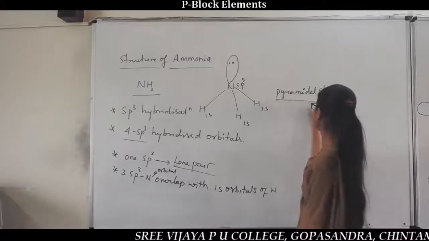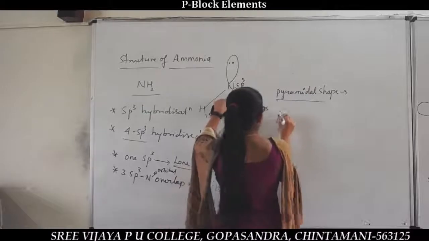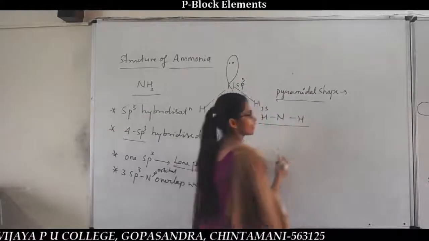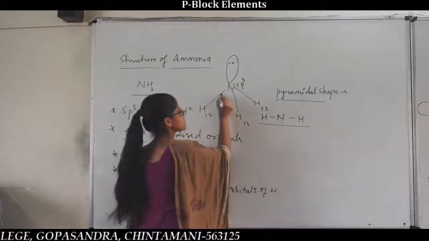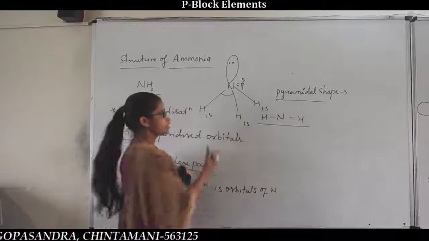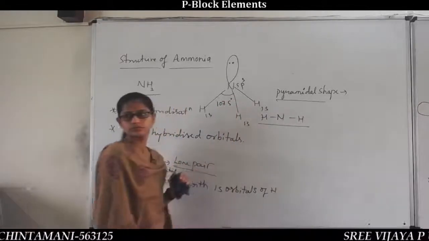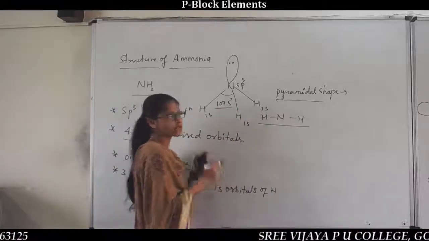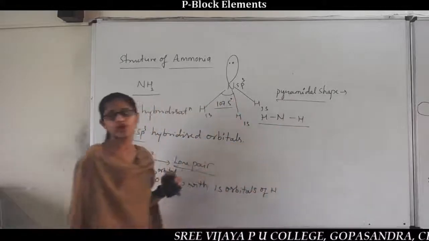Between the bonds, hydrogen, nitrogen, again hydrogen, this is called the bond angle. The bond angle between hydrogen, nitrogen and hydrogen is equal to 107.5 degrees. This is the bond angle in the case of the ammonia molecule.